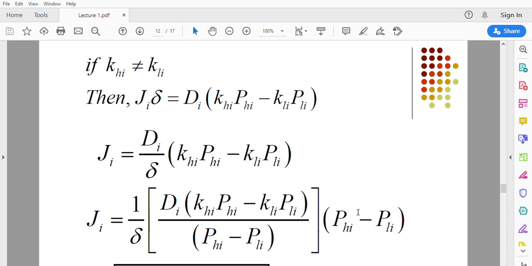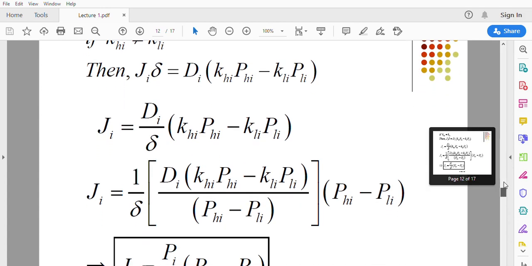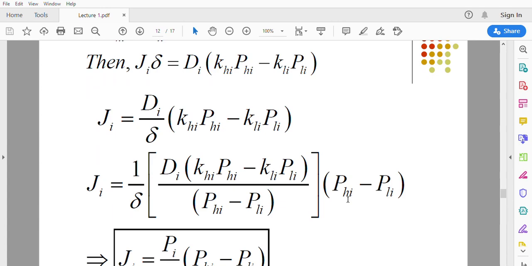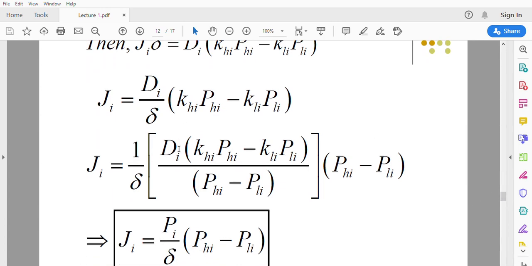So we just multiply and divide by PHI minus PLI, the difference in the partial pressure of component I across the membrane, in this equation. Okay, now this whole term, Di multiplied by (KHI PHI minus KLI PLI) divided by (PHI minus PLI), becomes the permeability.